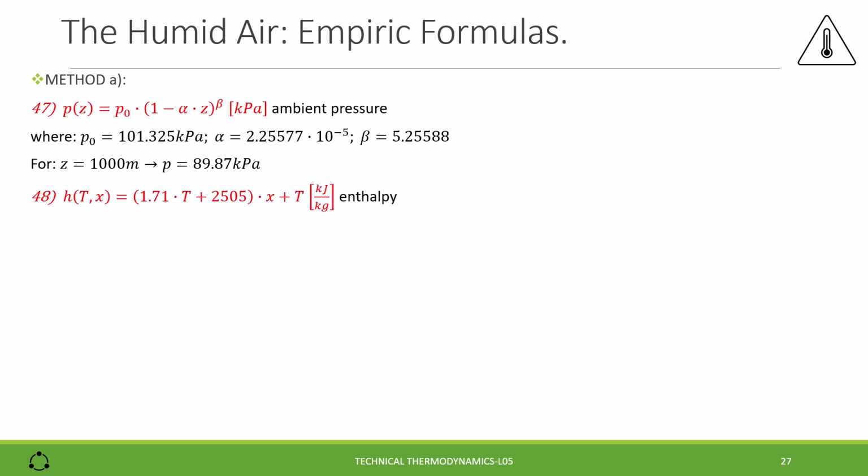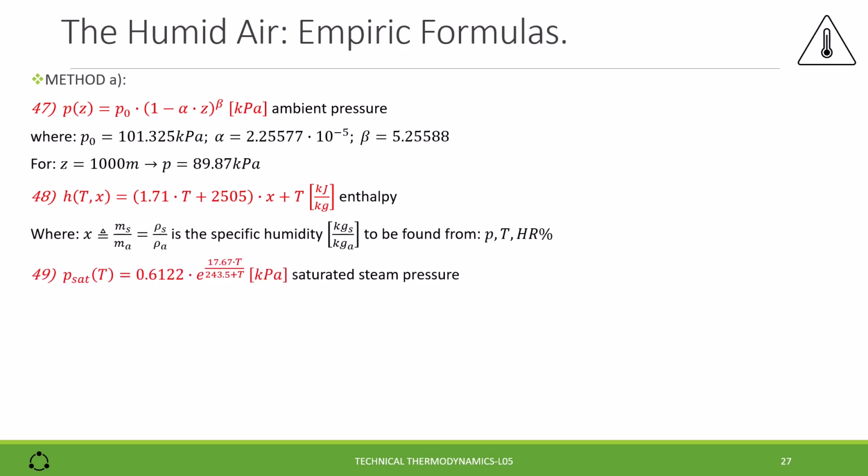Then we introduce the formula 48, giving the specific enthalpy of the mixture as a function of temperature and specific humidity. Its dimension is kilojoule per kilogram, where X is the specific humidity that we can express also as a ratio between the densities of the steam and the air, and it can be found from the pressure, the temperature, and the relative humidity as further displayed.